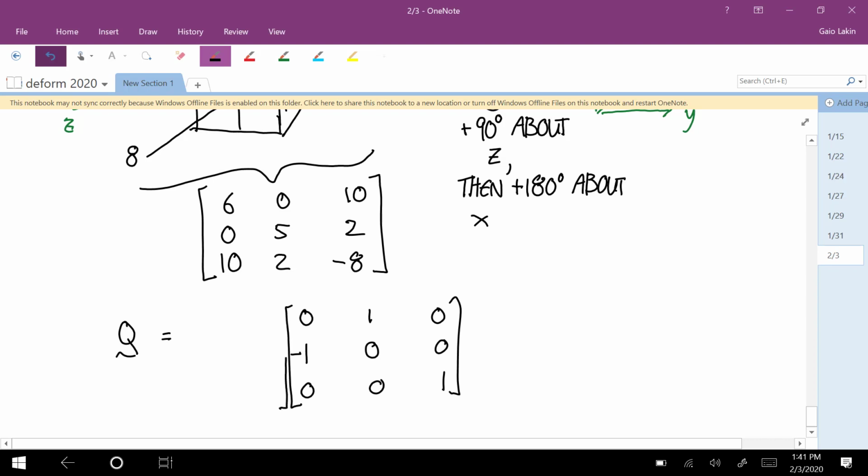And then we're going to multiply that by a 180-degree rotation about the x-axis. So cosine of 180 is negative 1. Sine of 180 is 0. Negative sine of 180 is 0. Cosine of 180 is negative 1.